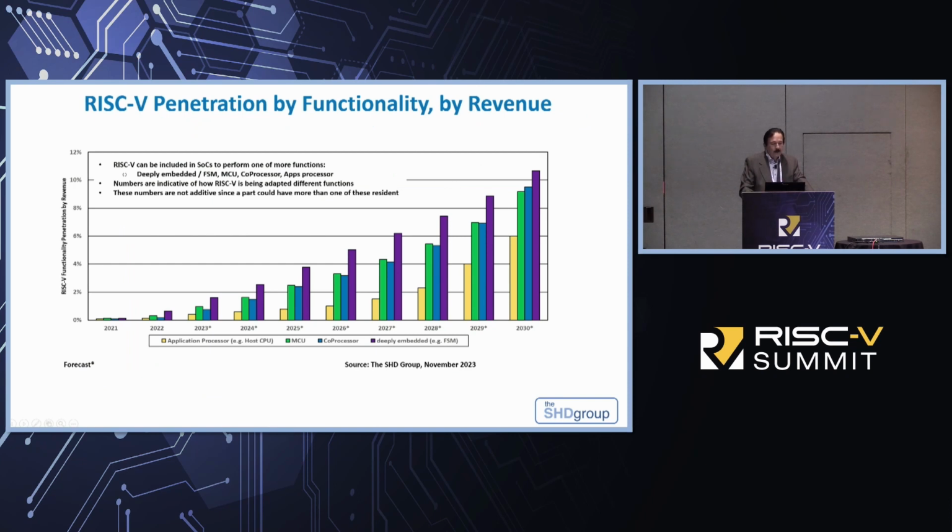This looks at the RISC-V penetration by functionality. So this goes back again to what I said at the very beginning, the heterogeneous nature of the SoC market today. So these are the 4 functions we've identified that the CPU cores will commonly be tasked with performing on the SoCs going forward.